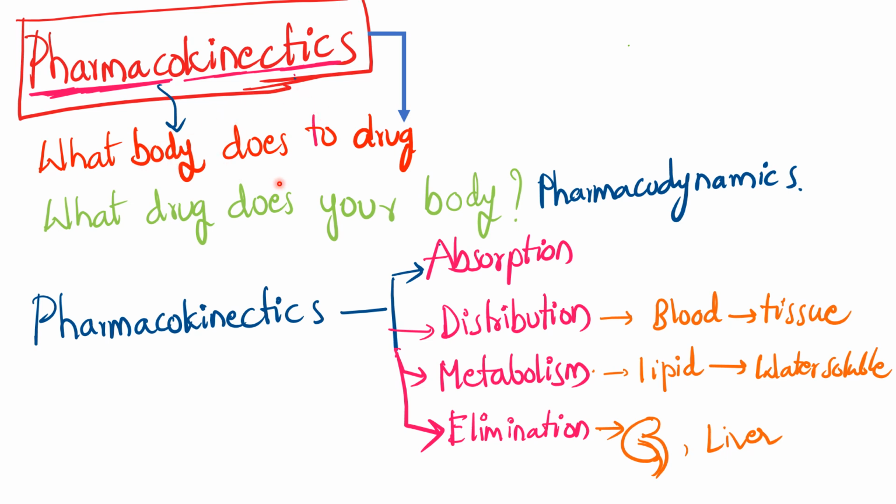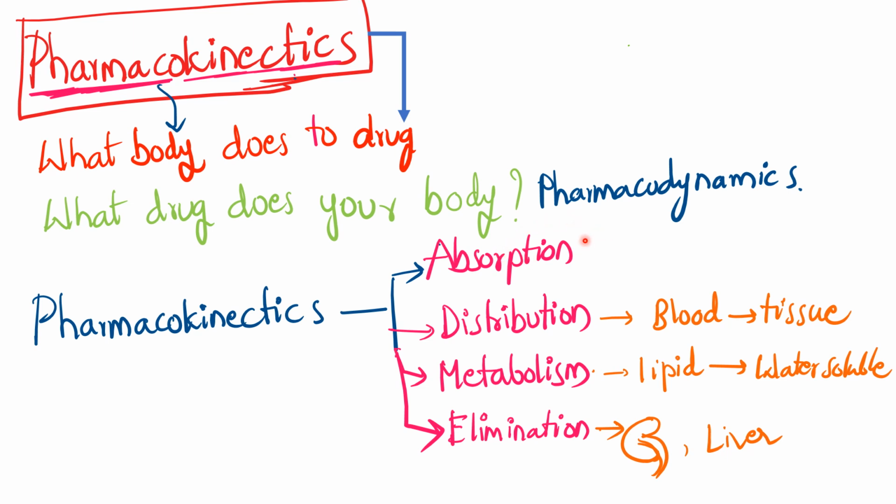It is the study of how drugs move through the body over time, including how they are absorbed, distributed, metabolized, and eliminated. When you consume a drug orally, first it should be absorbed. Absorption means from the site of administration to the systemic circulation.